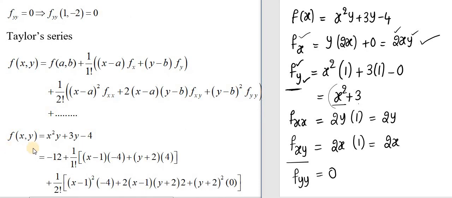So f of x comma y, this is the given function, is equal to f of a comma b, we already know.